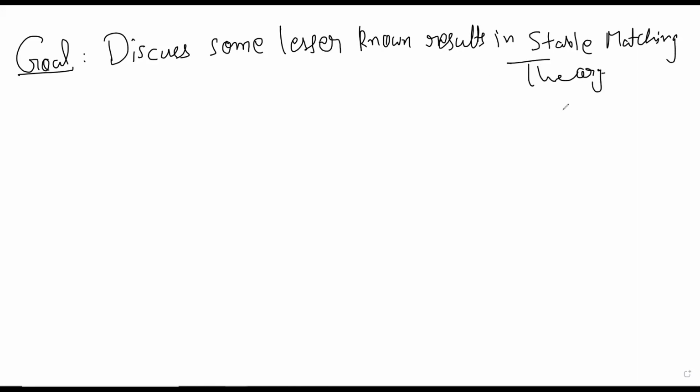Okay, so what is it that I'm going to do, and why am I doing this? What I'm going to do is basically review some results in stable matching theory from certain papers.